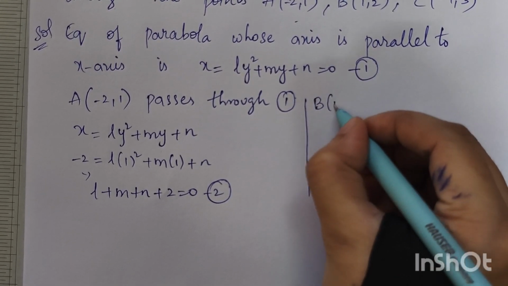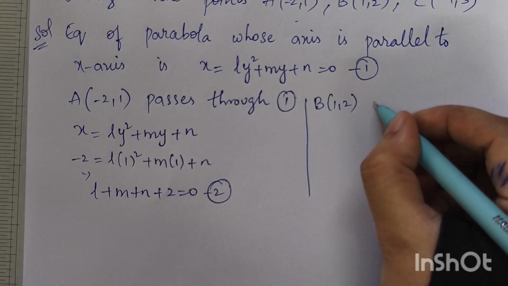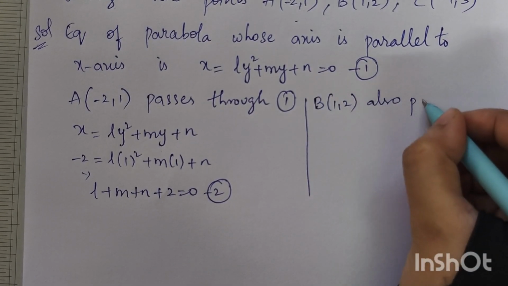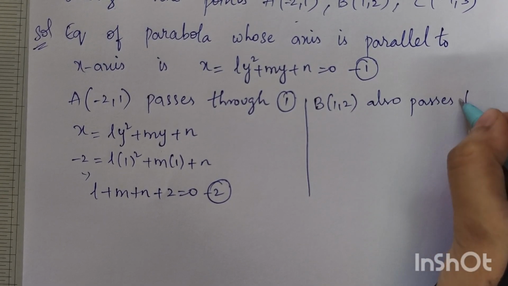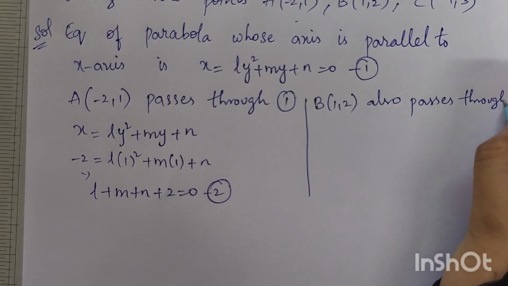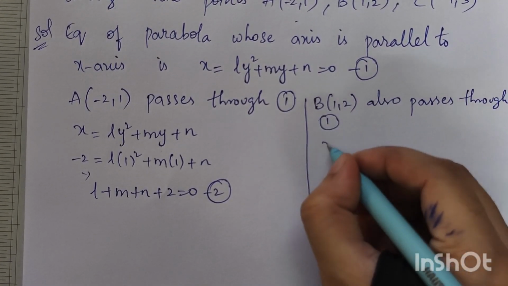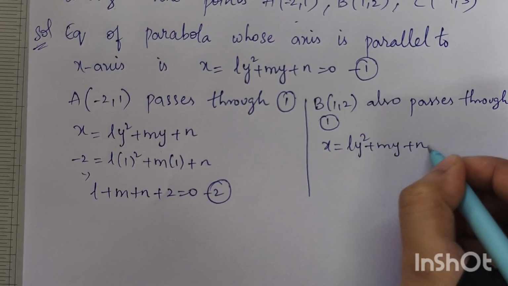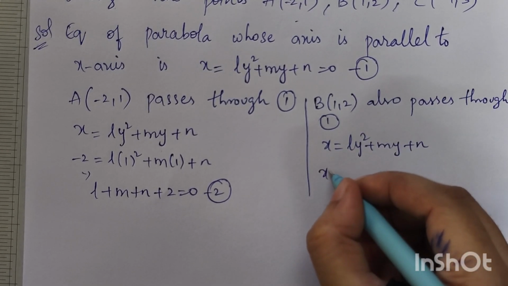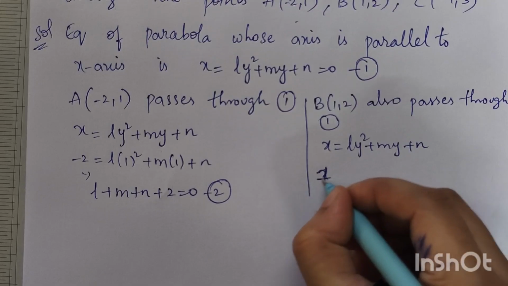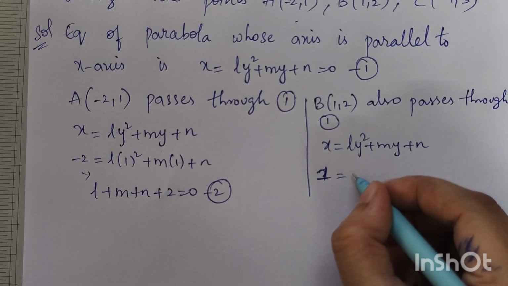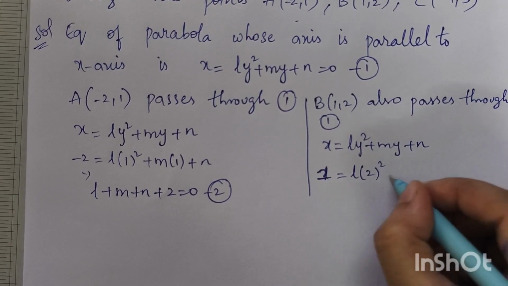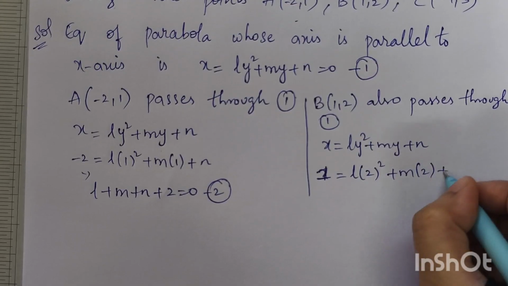Now B(1, 2) also passes through equation 1. So again it is x = ly square + my + n. X value is 1. 1 = l into 2 square + m into 2 + n.